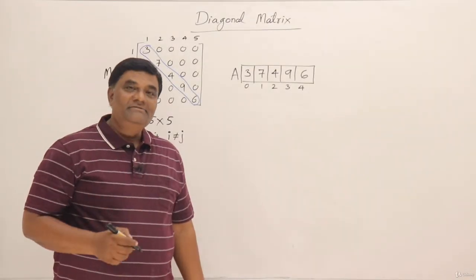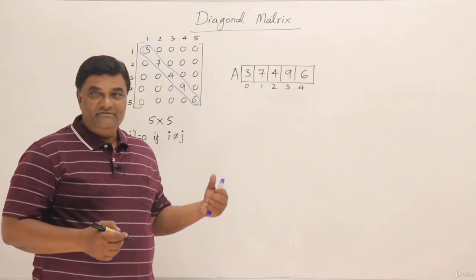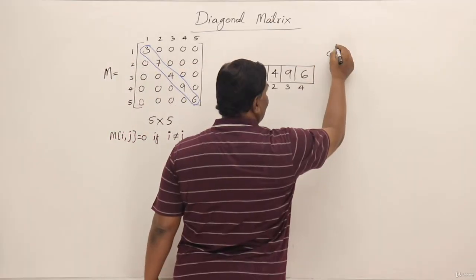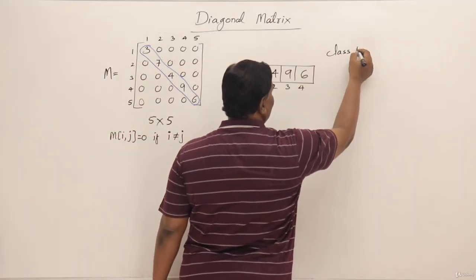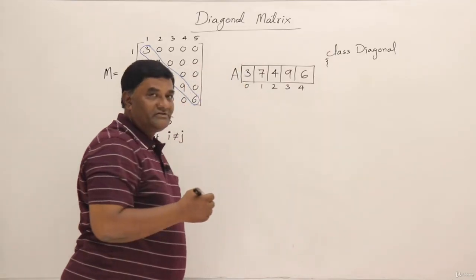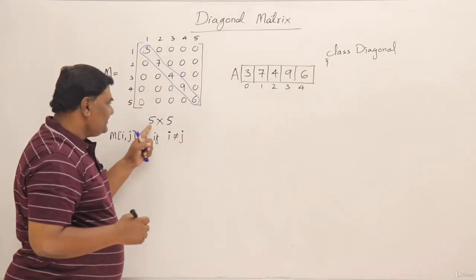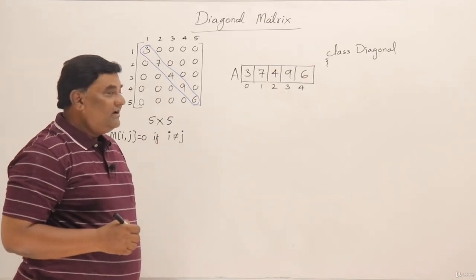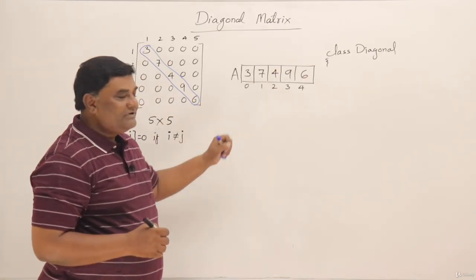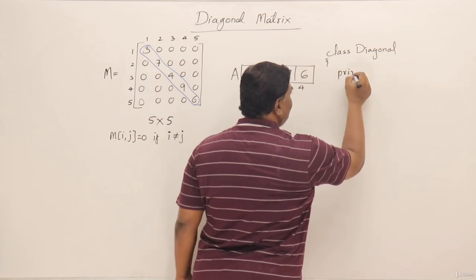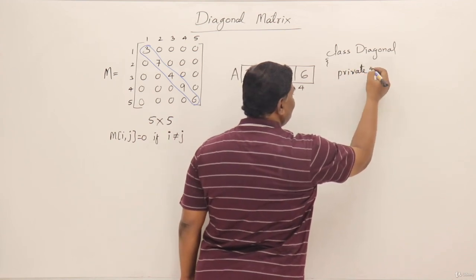Now let us write a C++ class for a diagonal matrix. So let us take a class name as diagonal. What are the data members or the properties required for a diagonal matrix? I need a dimension, and an array space for storing the elements. So let us make the data private. Two things I need.